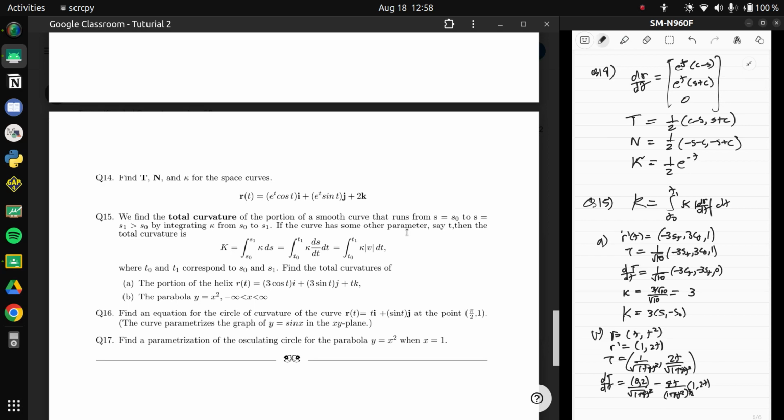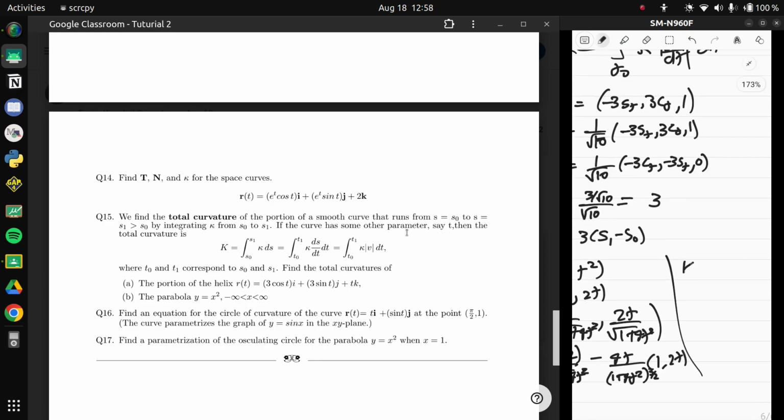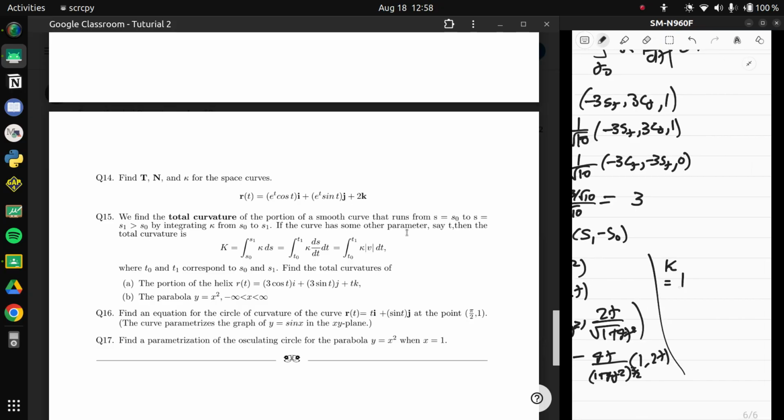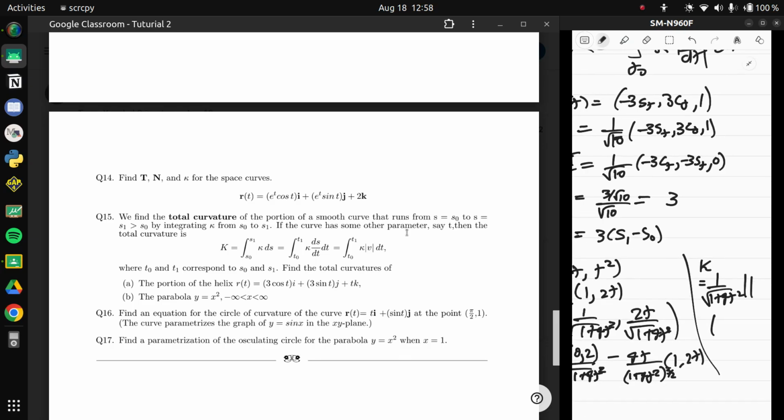So what we really want is just the curvature, right? So it's the magnitude of this thing. So something like square upon square root of this thing, and that times the norm of the stuff inside. I don't really like the stuff inside. Let's just see what this thing is. So you got a 0 over there.